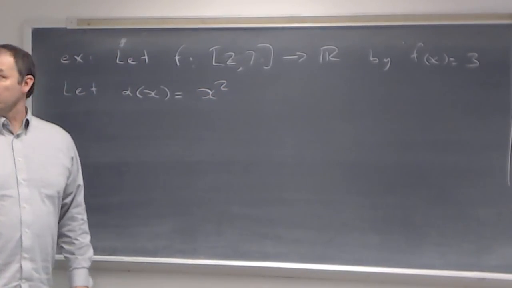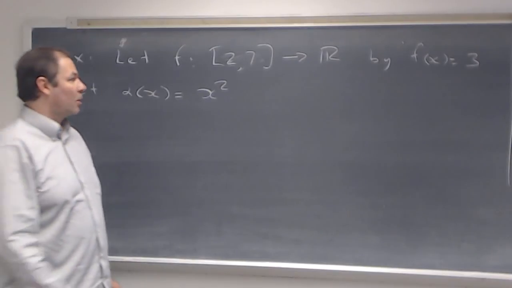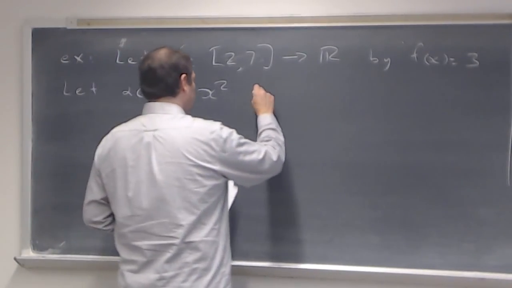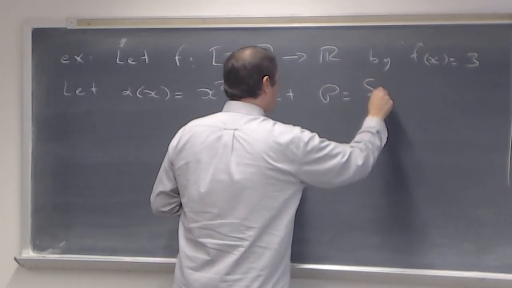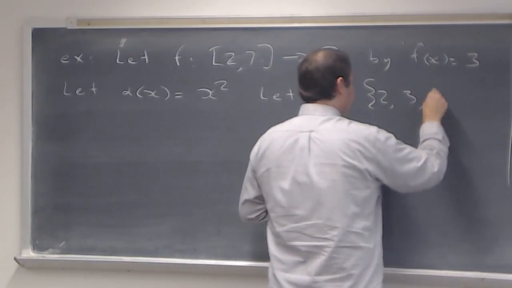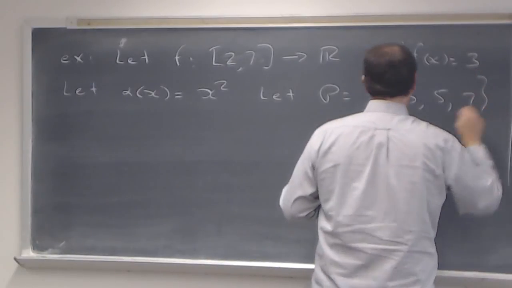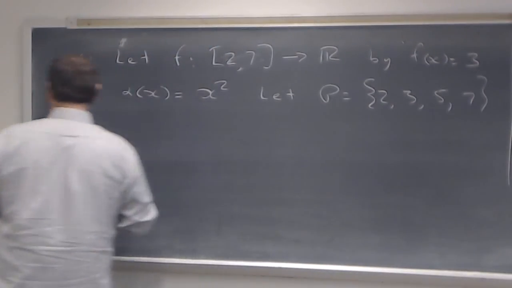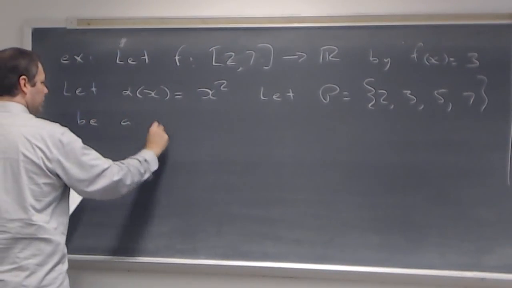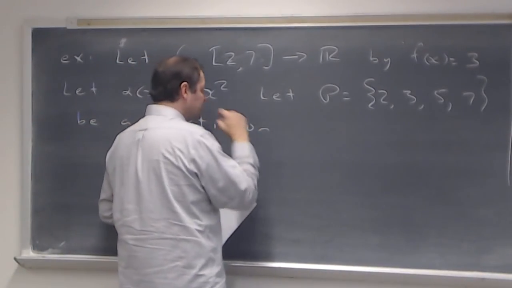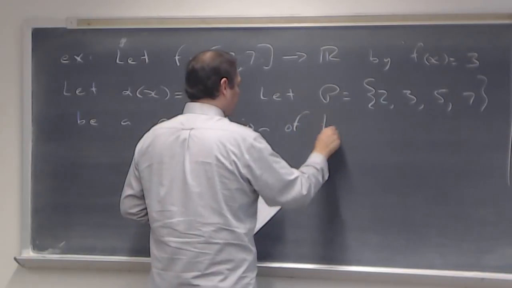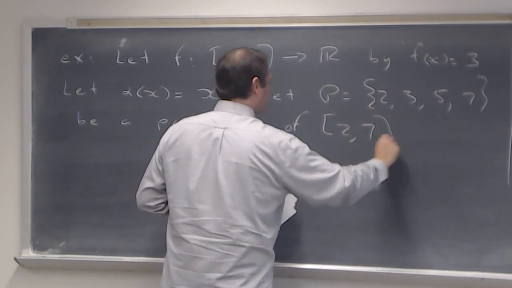Now I'm going to look at originally a specific partition of 2 to 7. So I'm going to say let script P be equal to 2, 3, 5, and 7 be a partition of 2 to 7.